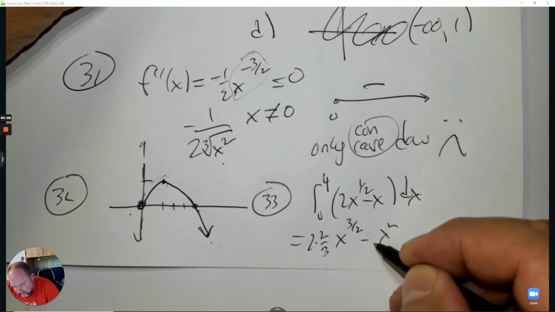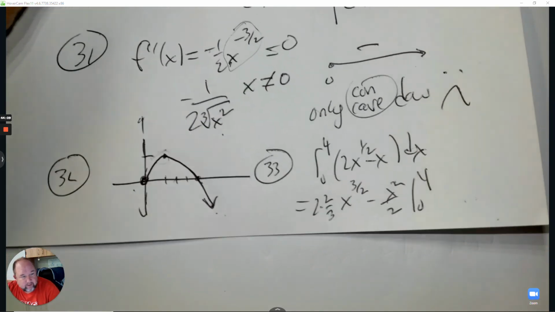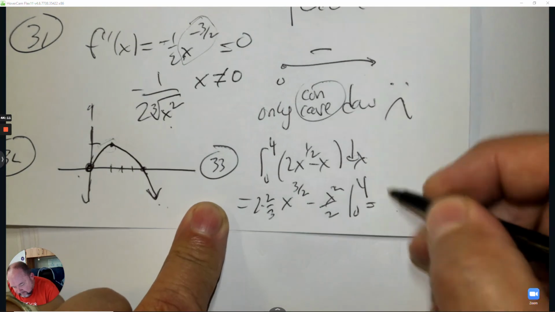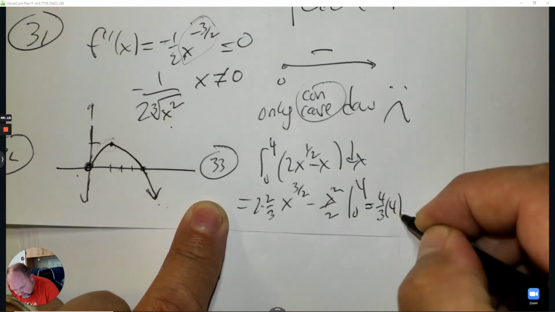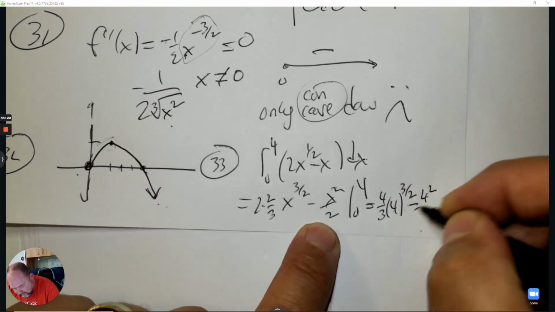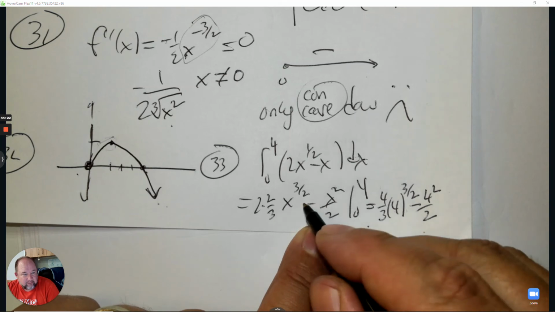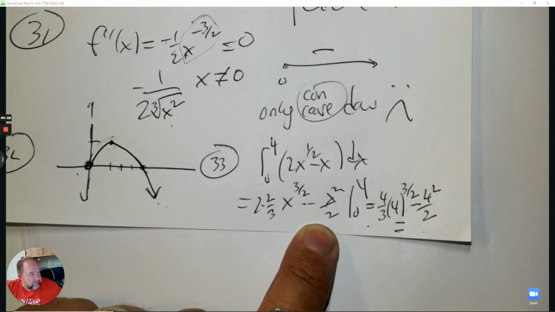Add 1 to the exponent and divide, and it goes 0 to 4. I'm going to run out of space, but when you plug in 4, it's 4/3 times 4 to the 3/2, minus 4 squared divided by 2. When you plug in 0, the answer is 0, so this would give you the answer. And if you simplify it, you get 8/3.